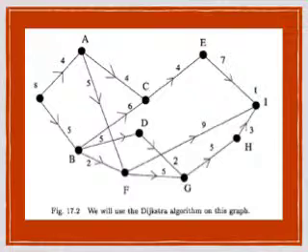Relax the edges leaving S. Set delta(A) equal to 4 and delta(B) equal to 5. Put A in S. 3. Relax the edges leaving A. Set delta(C) equal to 8 and delta(F) equal to 9. Put B in S.